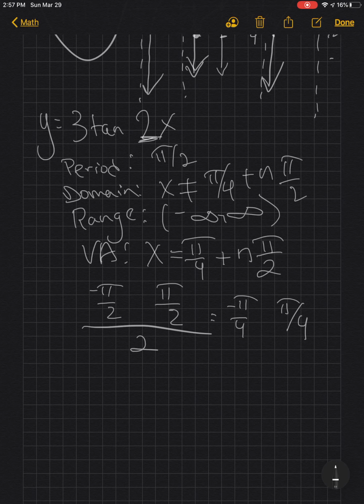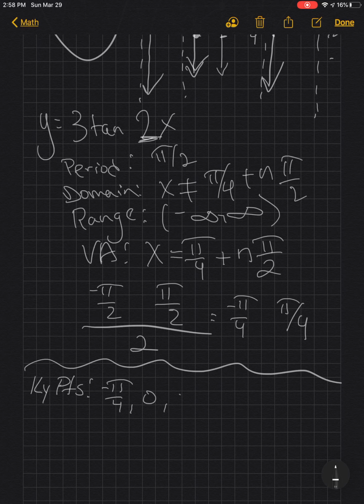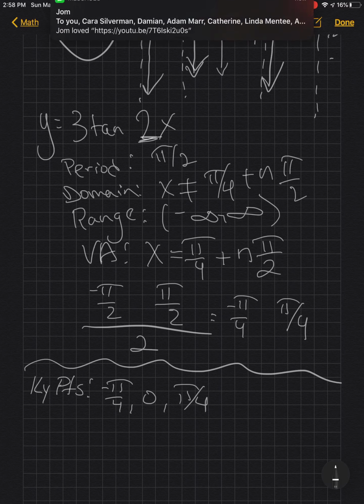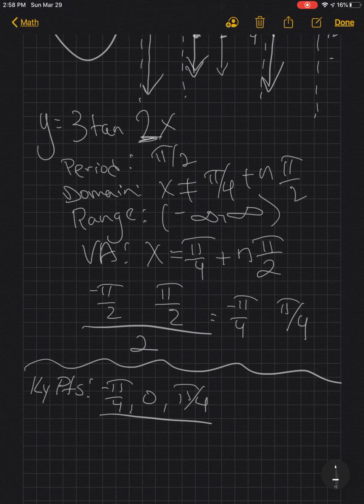Normally, for our table, we have our key points. Our key points are usually negative pi over 4, 0, and pi over 4. But again, look what we keep doing. We keep dividing by 2, so that's what you have to do to the key points as well. And that's going to give you your new key points.